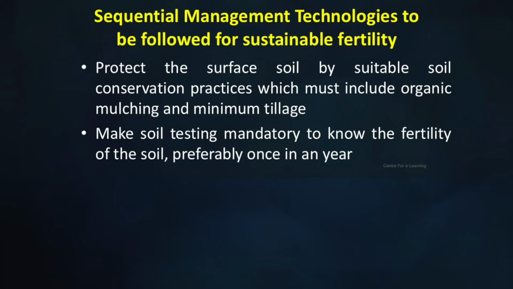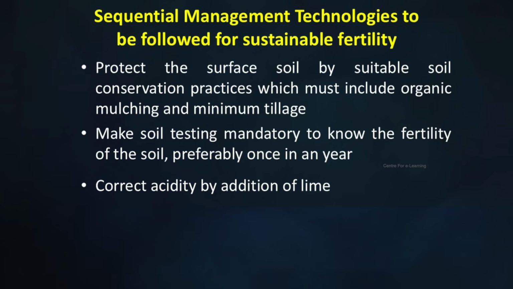Second, go for soil testing in a regular way, at least once a year or before the crop starts, preferably in summer months, in all the crops, and know the status of different available nutrients and pH and salinity in our soil. Then first add lime in the form of calcium oxide or calcium carbonate or dolomite. When you add dolomite, ensure the quality and ensure that it contains magnesium.